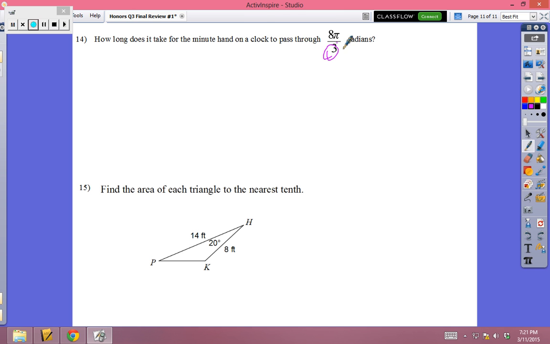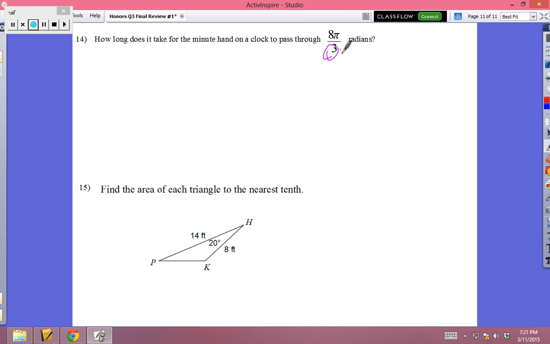So pi over 3, that's some kind of a 60-degree angle. So I'm going to do 60 degrees 8 times. So if I count, here's a 60, then 120 is a 60, then 180 is a 60. That's 1, 2, 3 60s, 4 60s, 5 60s, 6 60s, 7 60s, 8 60s is right up here.